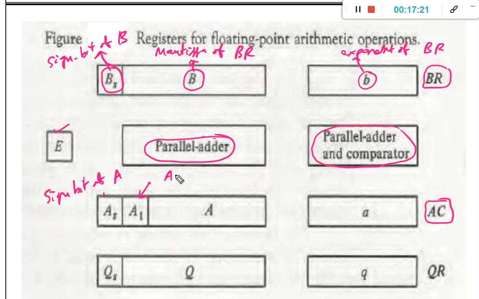If A1 is equal to 1, then the result is already normalized. If A1 is equal to 0, then the result needs to be normalized.